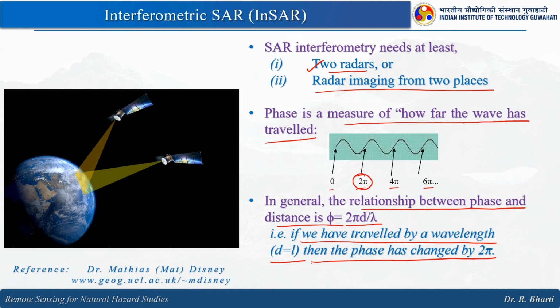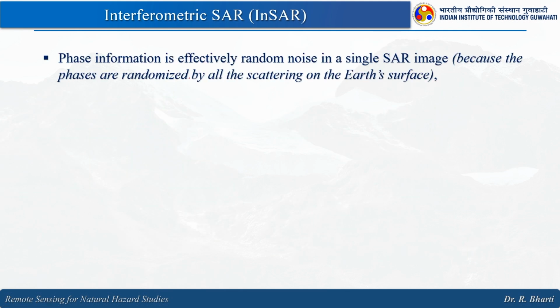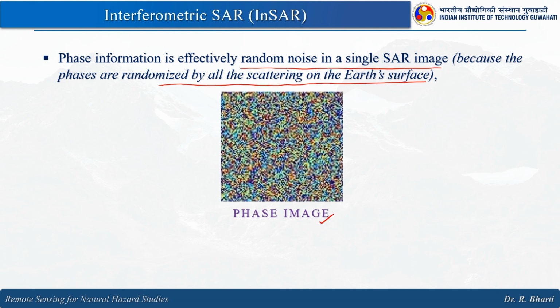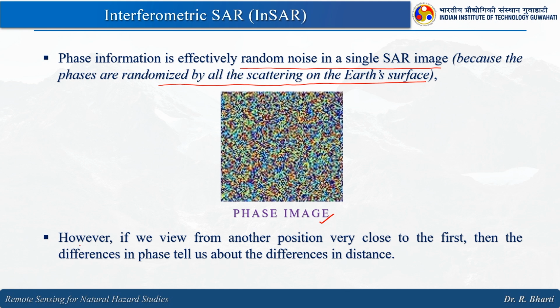If it is 2, then it will be 4 pi, if it is 3, then it will be 6 pi. Phase information is effectively random noise in a single SAR image because the phase is randomized by all the scattering on the earth surface. Here is one example of a phase image and how it appears on your screen.